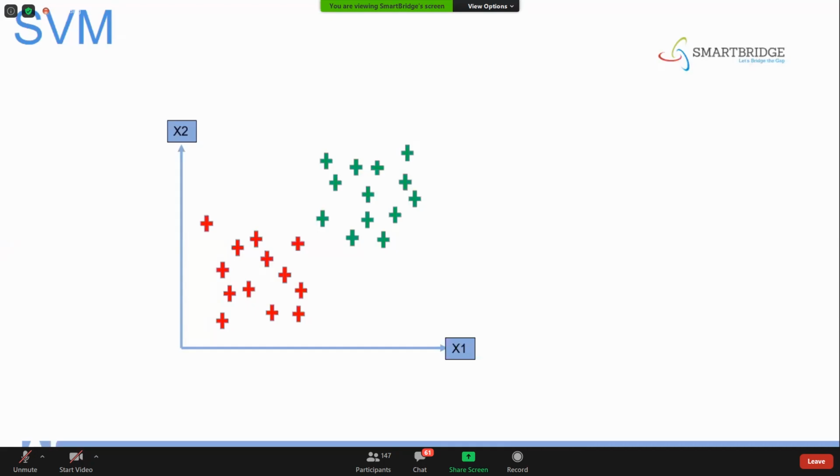Now, is there any possible way to separate these two classes? How can we separate these two classes? Can we draw a line between these two?